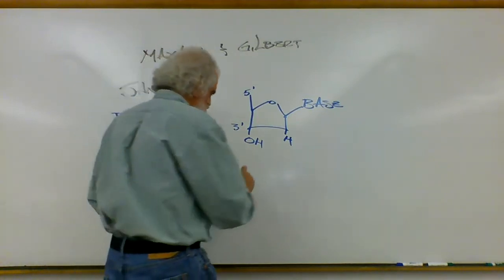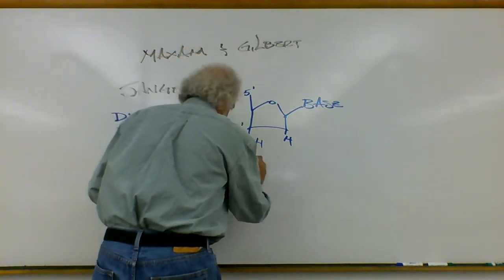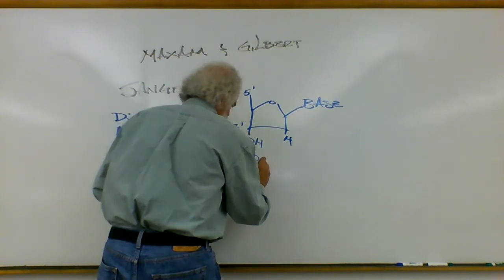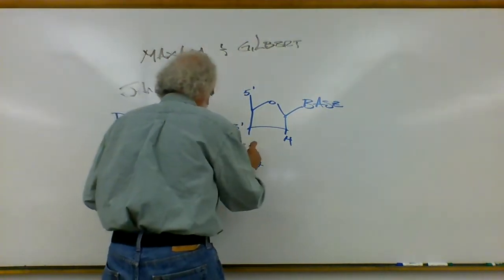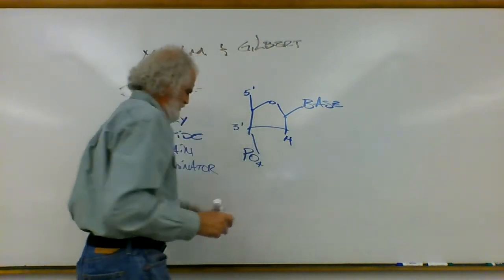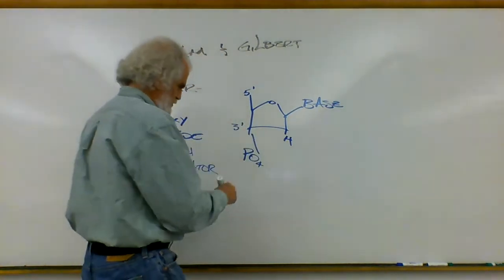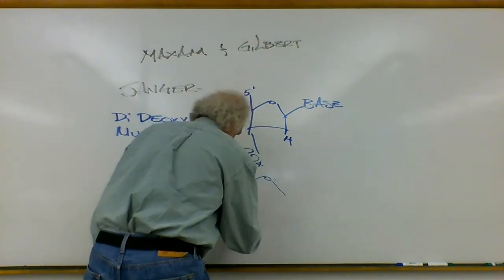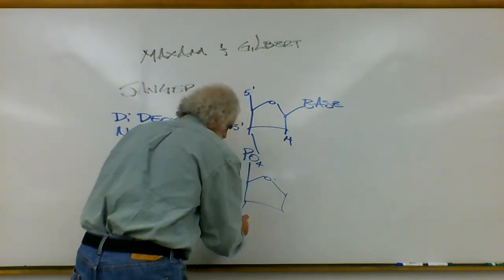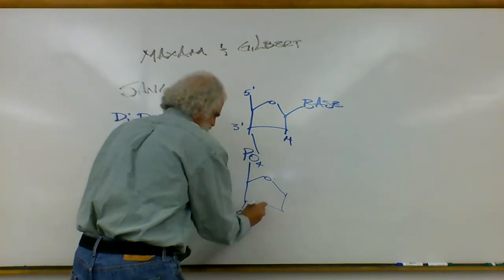Now, if you recall, this 3' carbon is critical because we're going to make the phosphodiester backbone link. When we take the next nucleotide, we're going to take the phosphate molecule and attach that here through an oxygen. That's critical. And this is how we carry out DNA polymerization.